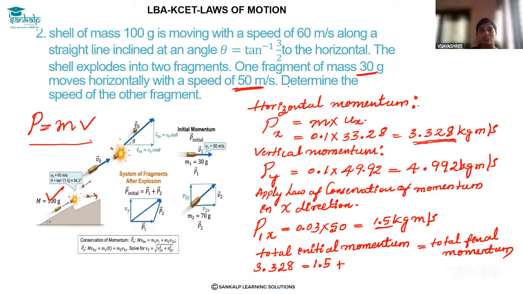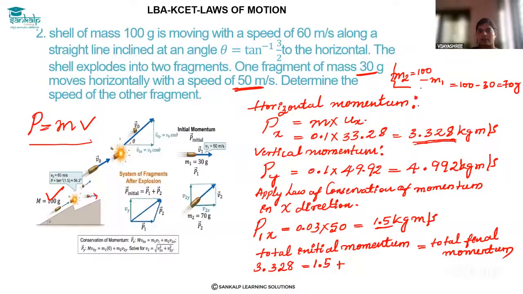What was the mass of the second fragment? The first is 30 gram, and the total mass is how much? It should be 70 gram for the second fragment, right? m2 is 100 minus m1, which is equal to 100 minus 30, which is equal to 70 gram.